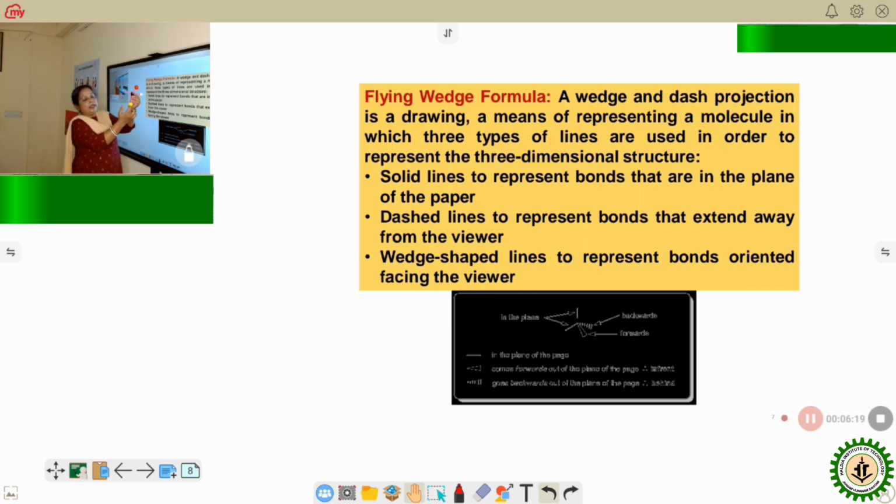These two groups are in the plane, so we can draw them on the board as lines, and one group is up, another is below. Which is up, we represent by the wedge, and which is below, by the dotted line. In this manner we can represent the flying wedge formula of the compound.